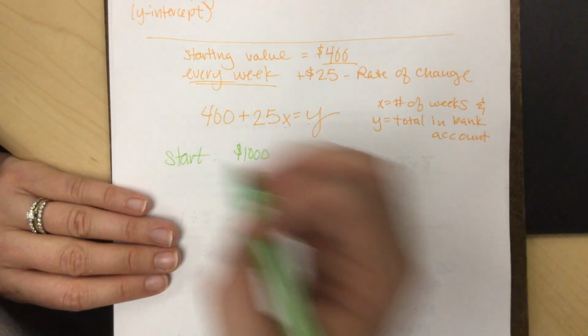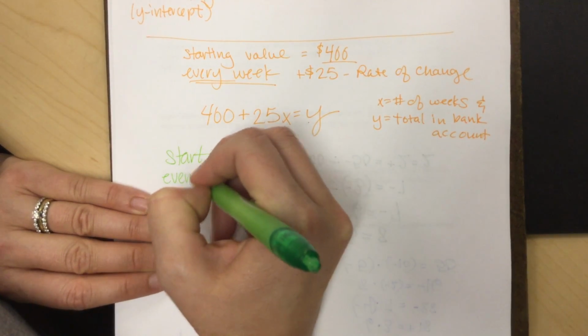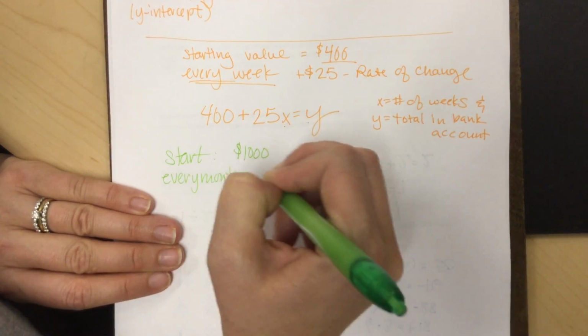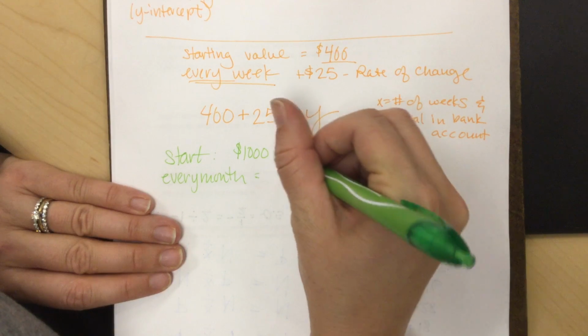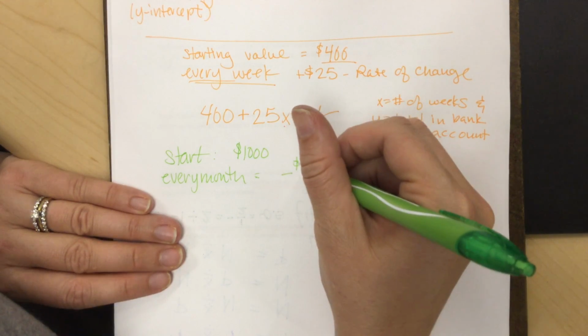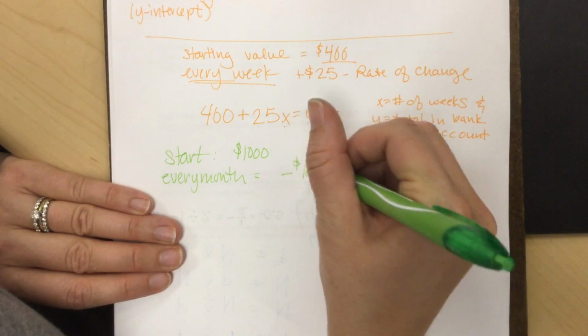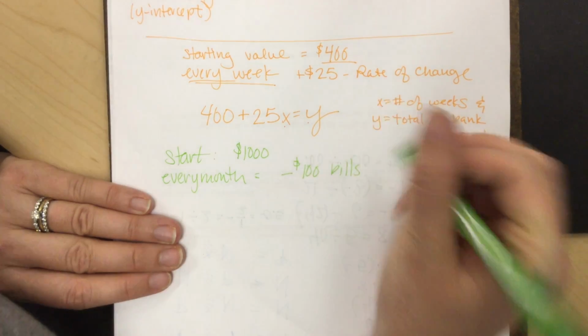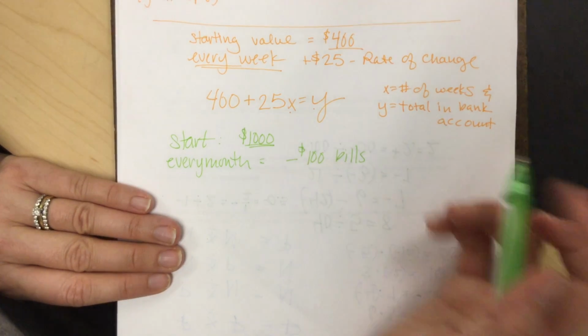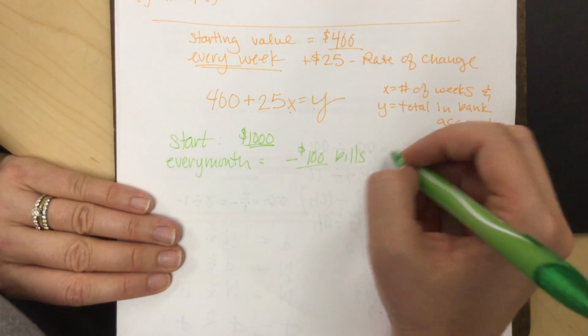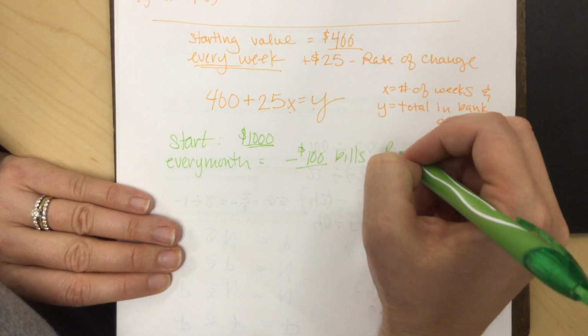Okay, but then I have to pay my bills. So every month I spend, I'm going to represent with a minus, $100 on bills. Okay, so here's how much I have when we start, and then here is my rate of change.